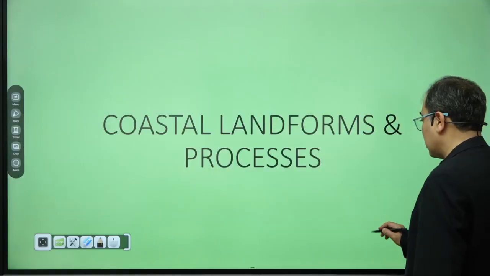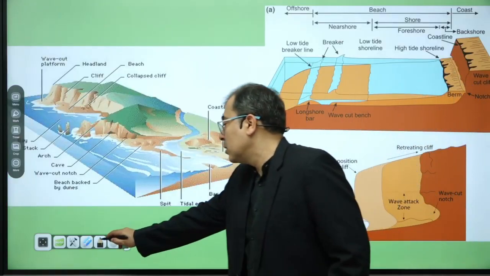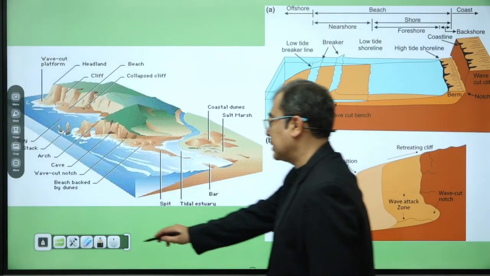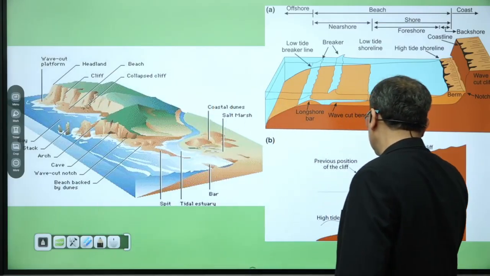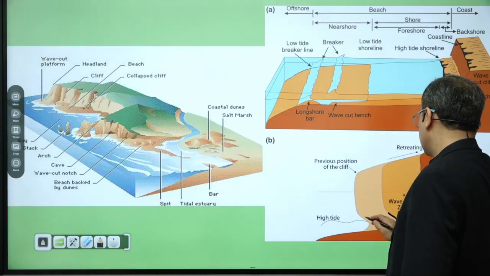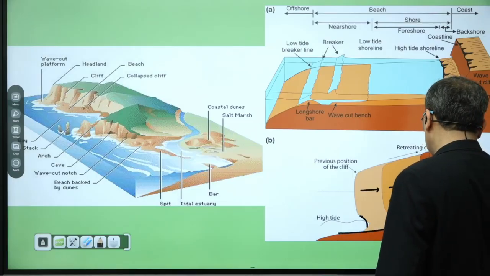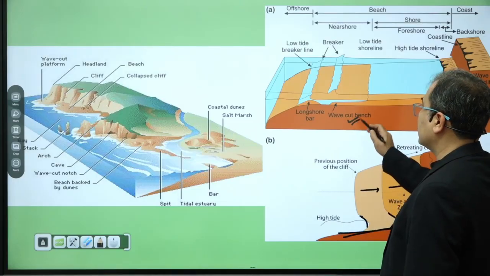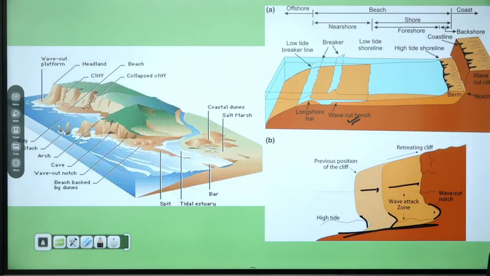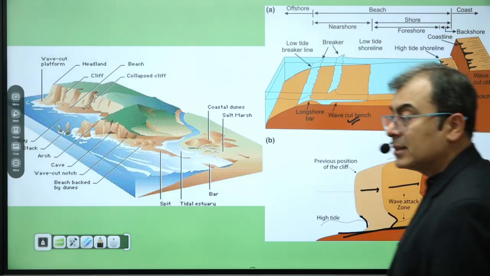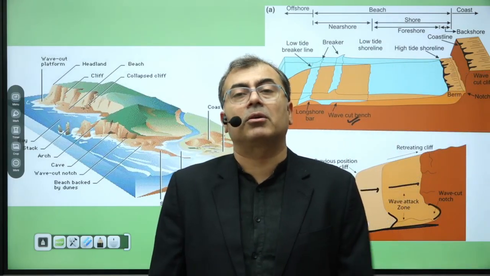Notch after notch is created, और जैसे ही cliff टूटता जाता है, so what is created behind? So can I say, as the cliff is retreating, the length of the wave cut bench increases. Length of the wave cut bench will increase, just like we were talking about LC King.